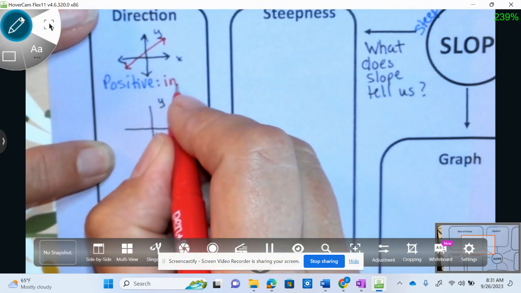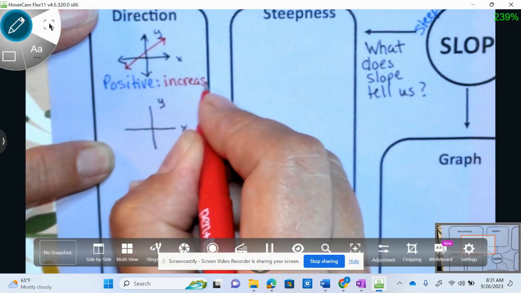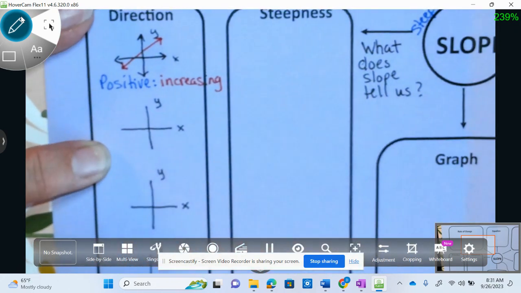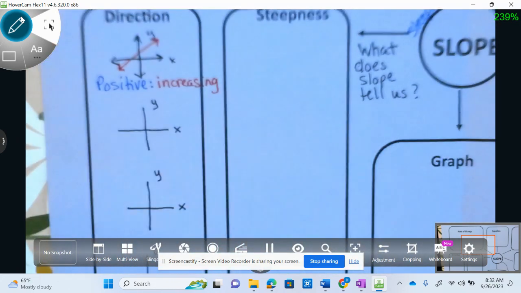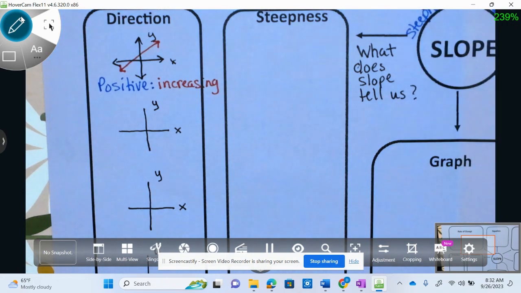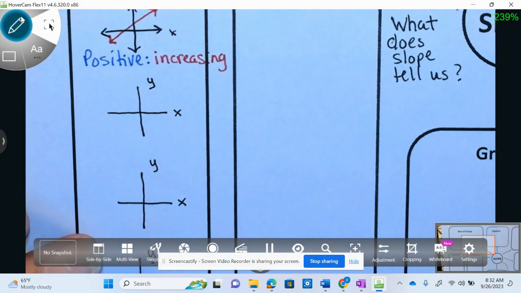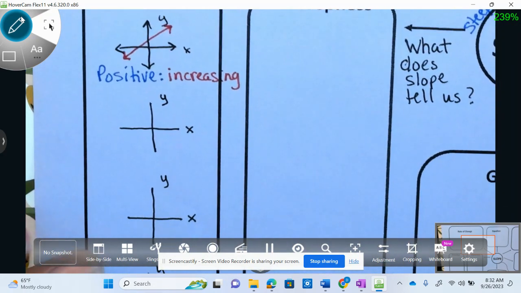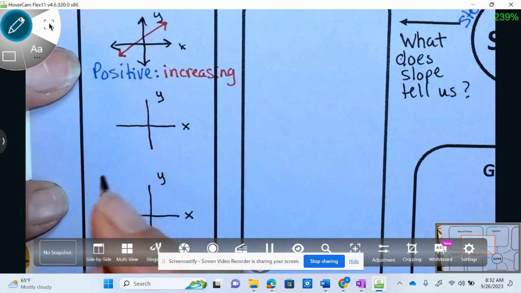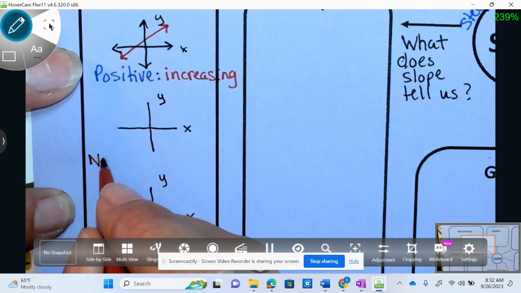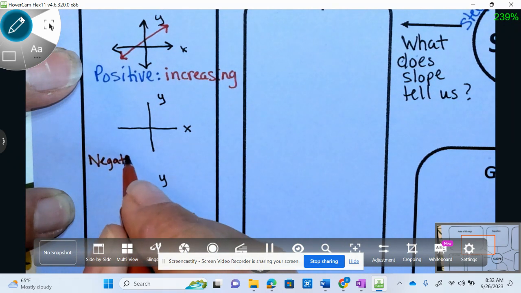We say that it's increasing. If we have negative slope, the one below it, what's happening to our y value?